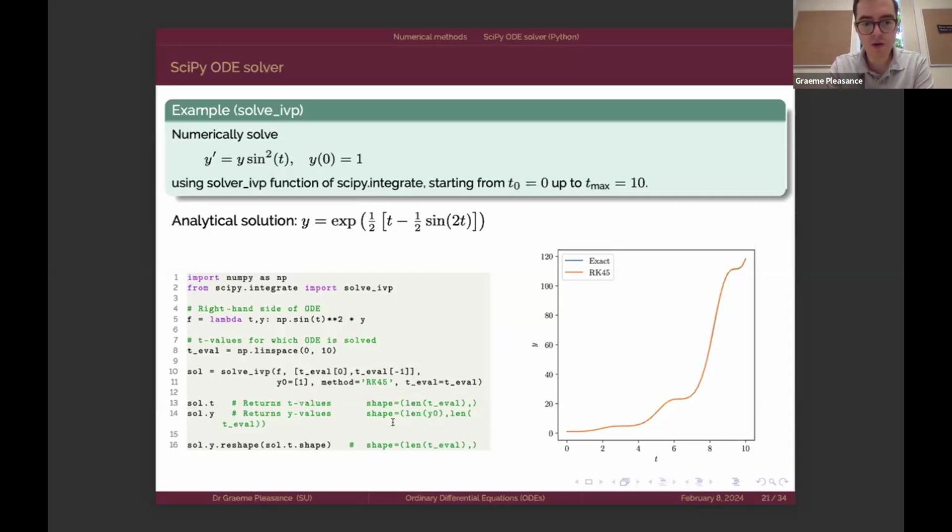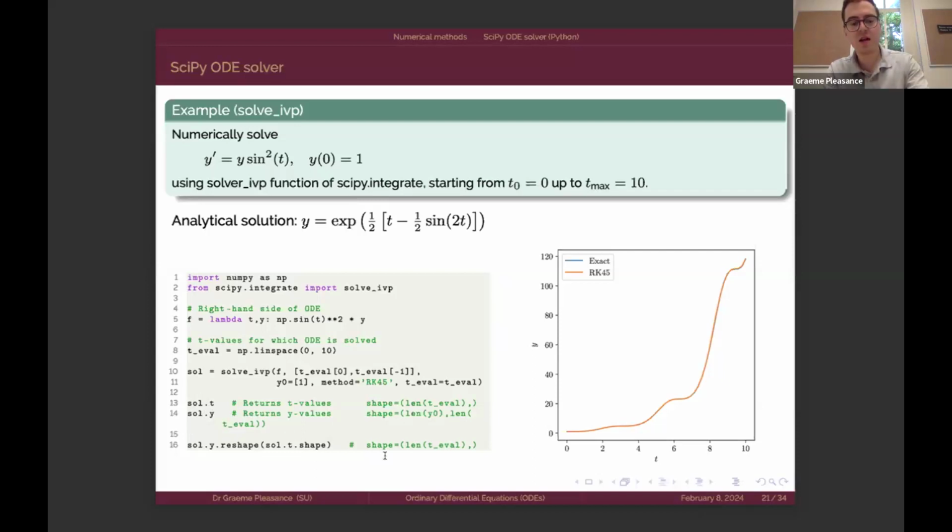And if you do sol.y, this returns the corresponding y values, but which generally has a different shape to the array containing the t values. So if you want to convert the y output to be of the same shape as these t values, you can just use this code at the bottom.